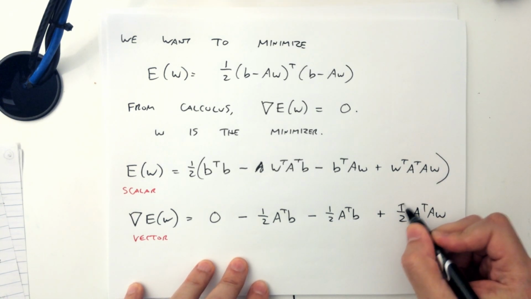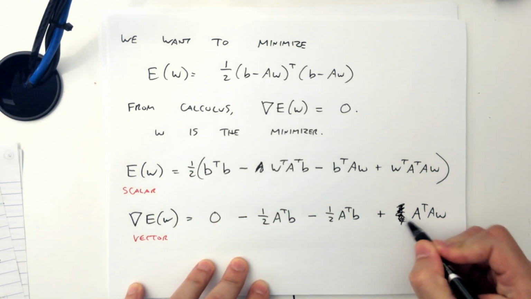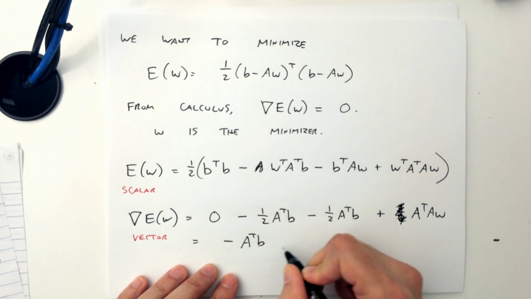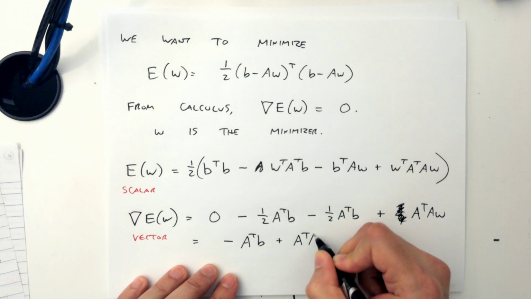And so actually, I take it back, this is just this because I have the 1/2 there. So this is equal to minus A transpose B plus A transpose AW.